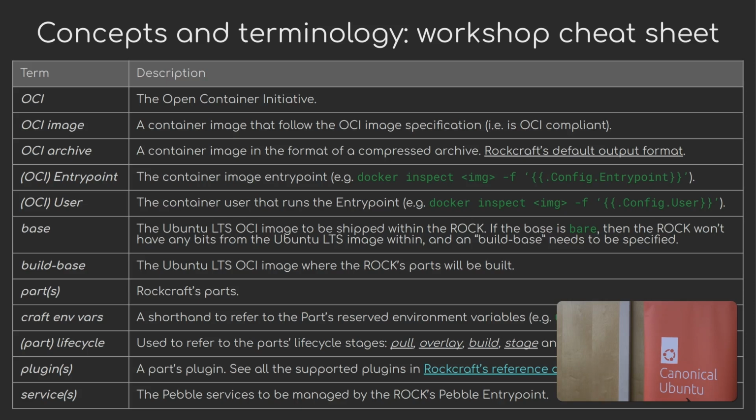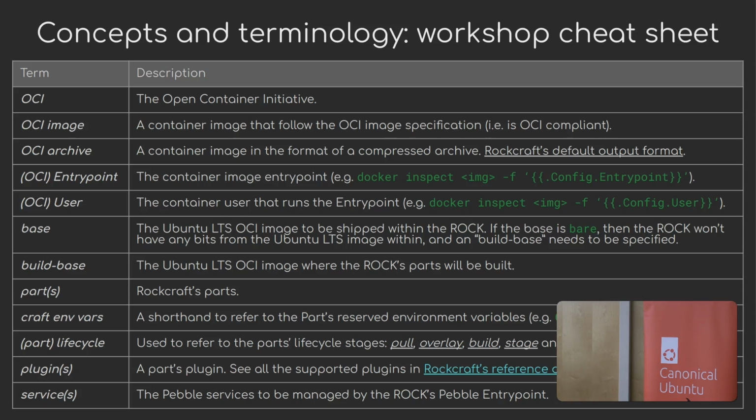So if you ever need to, for example, manually script something that you want to end up in the final rock, there's a set of environment variables that will help you locate those things and place them in the right folder for staging and priming. So you can see those as helpers. You don't always need them. I don't think we have any exercise. Maybe we do have one exercise with them, but just know that this is all documented so you can see which ones are useful, which ones you might need to use.